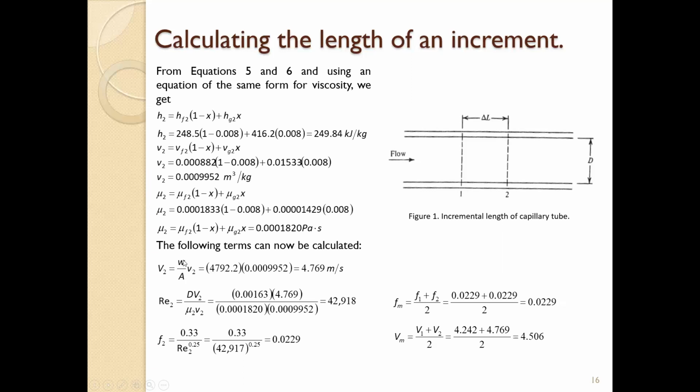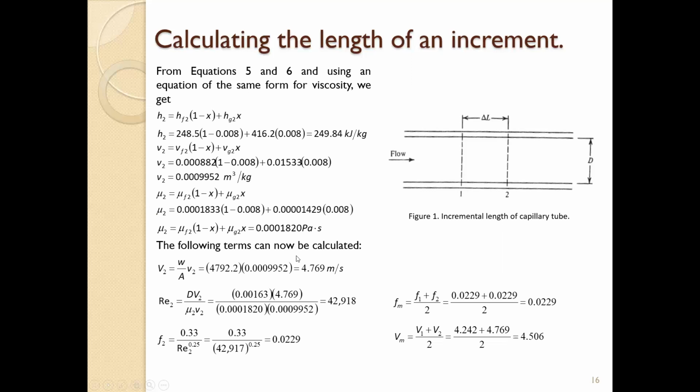Now, the following terms can be calculated. v2 is equal to W over A, so v2 is 4792.2 times 0.009952, which is equal to 4.769 meter per second. You can use Excel for this. Reynolds 2 is equal to D v2 over mu2. Substituting the values, the Reynolds number is 42,918. f2 is equal to 0.33 over Re to the 0.25, so the value is 0.0229.